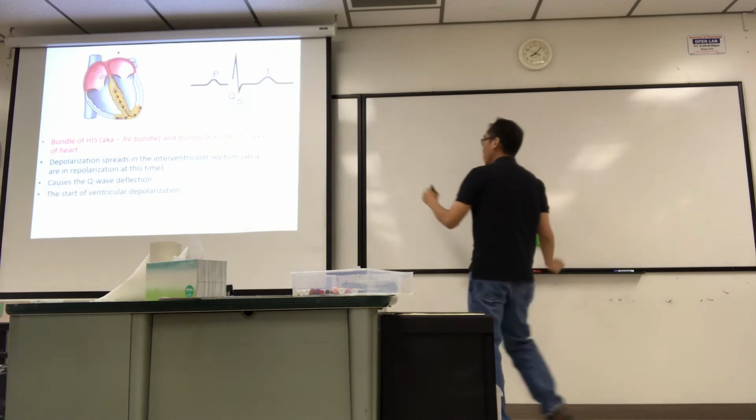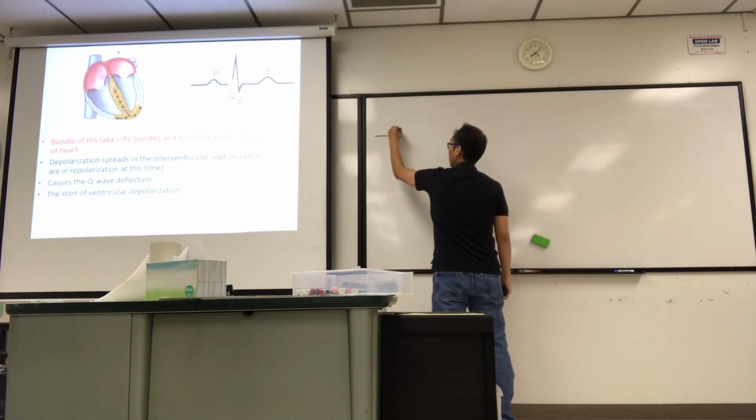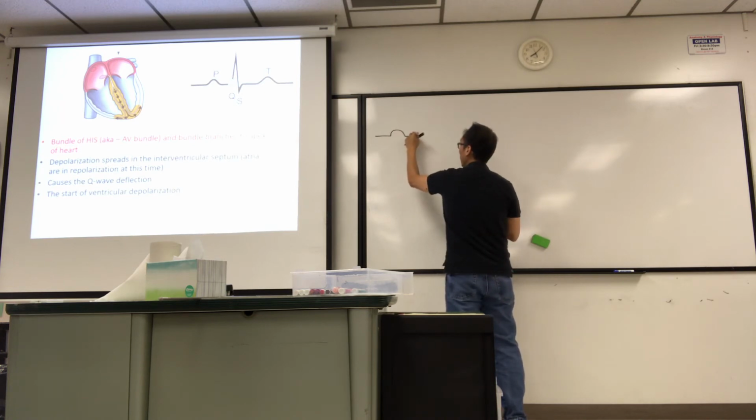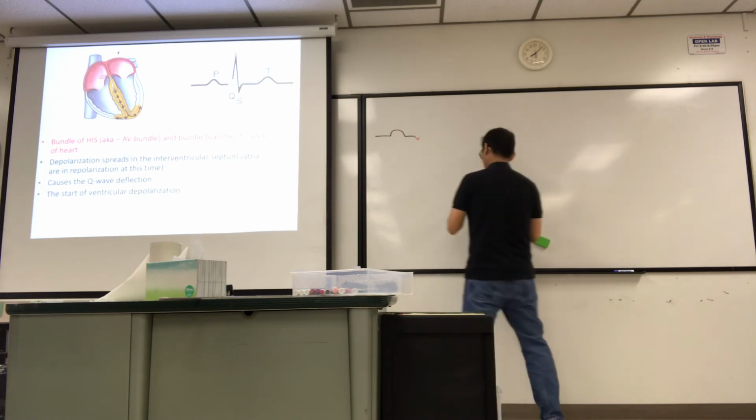So let me draw that on the board. You've got P, PR interval, then the little down deflection is the Q wave. Just that.